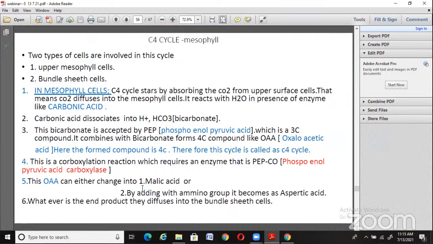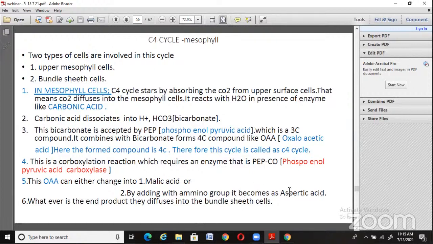So whatever may be the end product of this OAA conversion, they diffuse into the bundle sheath cells. That means if OAA changes into malic acid, then it diffuses into the bundle sheath cells, or else if OAA, by adding an amino group, becomes aspartic acid, then this also diffuses into the bundle sheath.